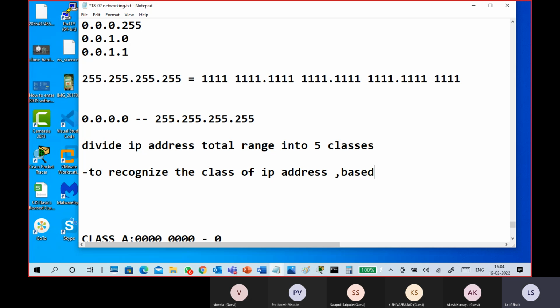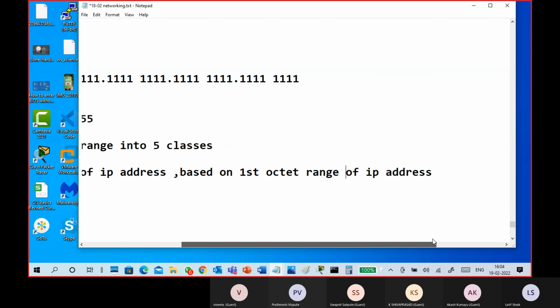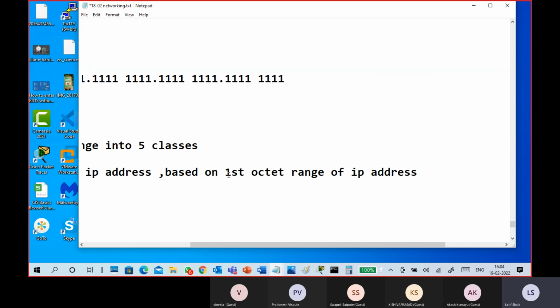It is based on the first octet of the IP address.